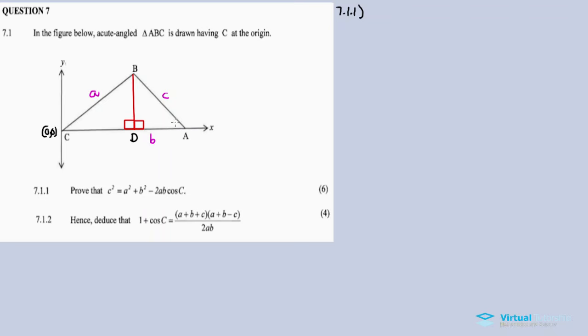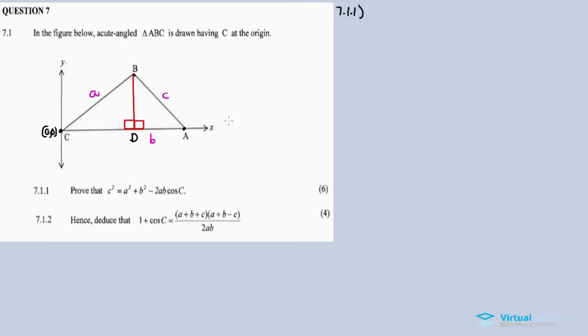So from C to A it's length b, from A to B it's c, and from B to C it's a.